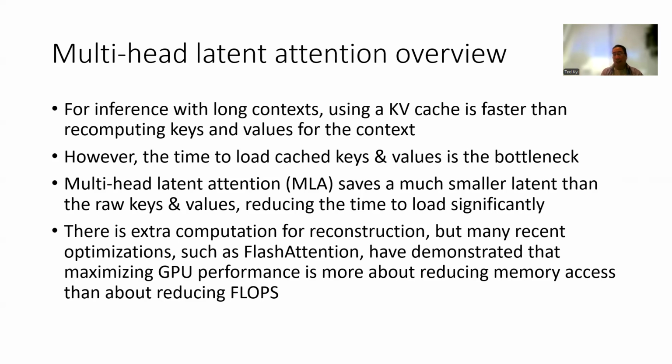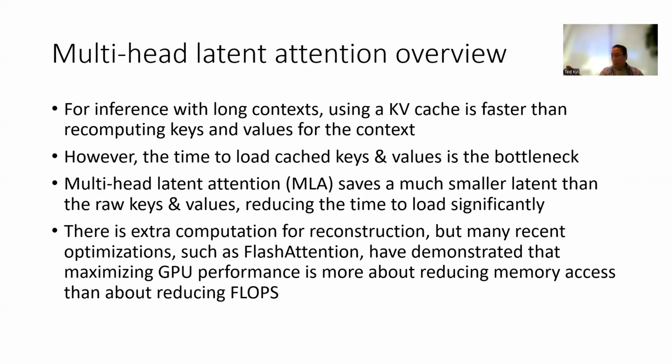So all the variants of flash attention actually do more matrix multiplies. They increase the number of flops. But what they do is they decrease the number of memory loads on the GPU. And because a memory load is like 100 times slower than a matrix multiply, you can easily afford to increase your matrix multiplies by 10%. And then your model's going to run a lot faster if you can decrease your memory pressure.